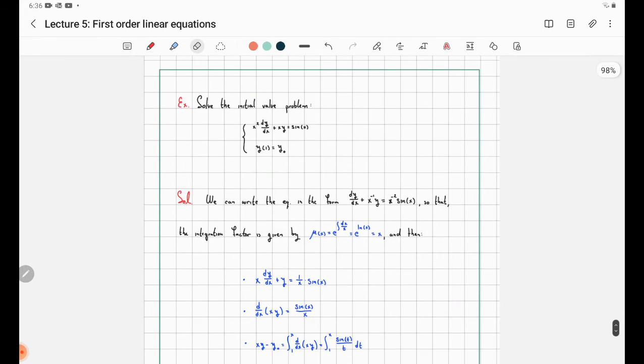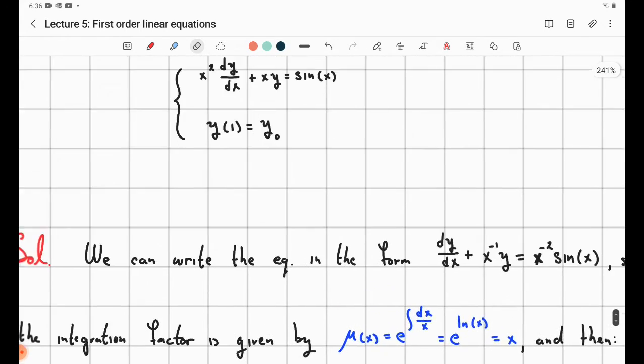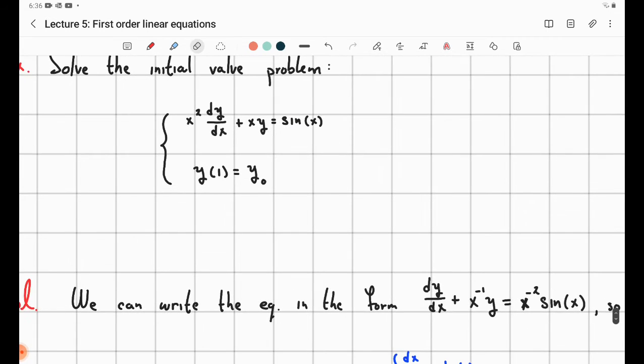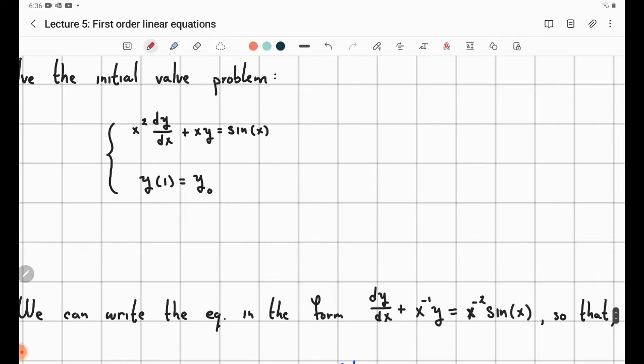Again, the general idea is to find an integration factor mu in such a way that if we multiply both sides of our equation by the integration factor, then the left-hand side becomes equal to the derivative of a product, and the right-hand side is just a function of x.